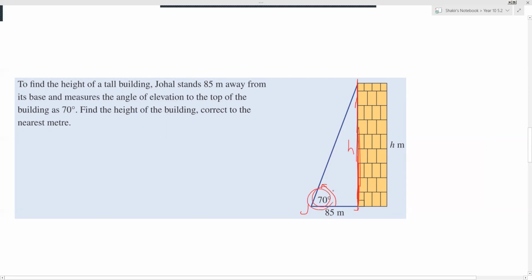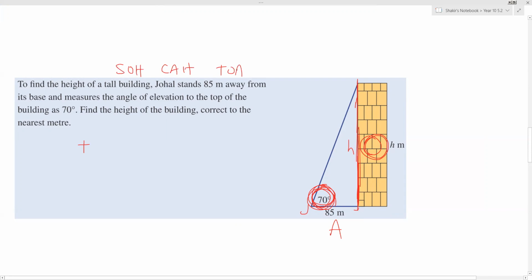With reference to that angle, this is opposite and this is adjacent, O and A. So SOH CAH TOA, and because you have O and A, it's going to be TOA. Tan of the angle is equal to opposite, which is h here, over adjacent, which is 85.